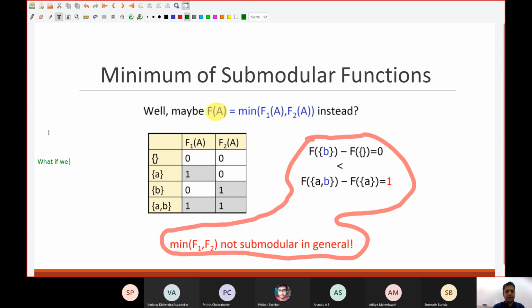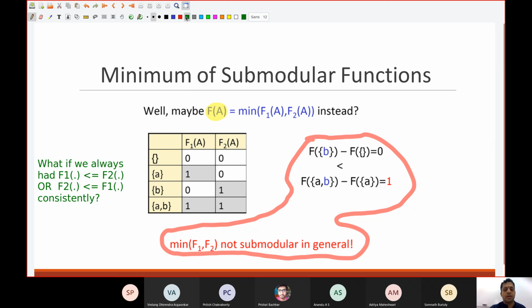What if we always had f1, for whatever argument, less than or equal to f2 for the same argument, or we had f2 for the same argument less than or equal to f1, one of them consistently, which is not the case here, right? One is not consistently greater than the other. You see the inconsistency here, right?